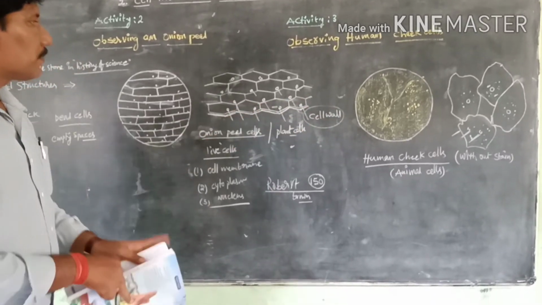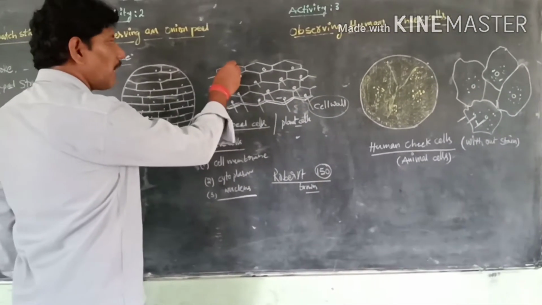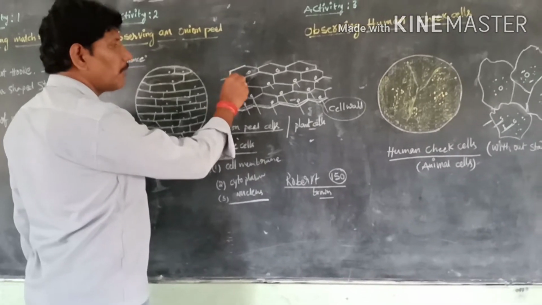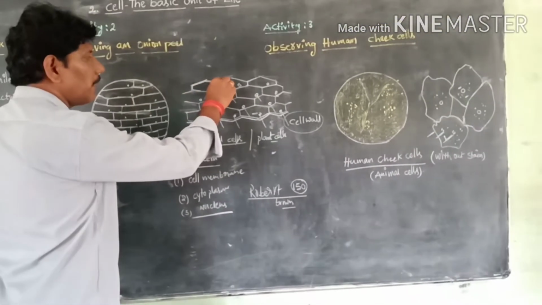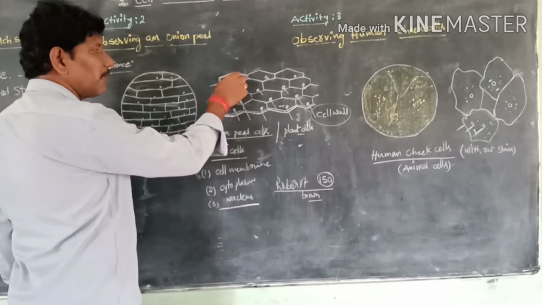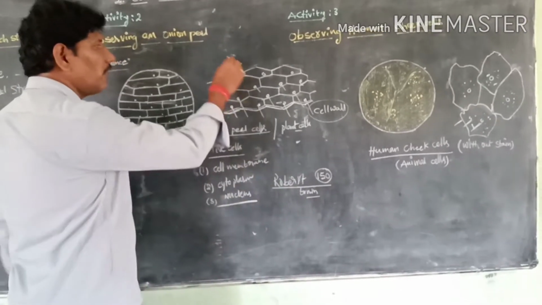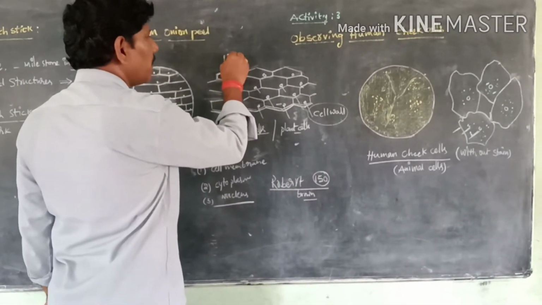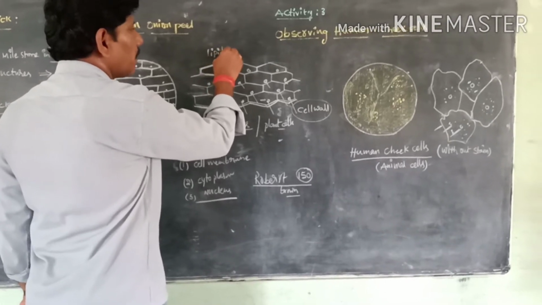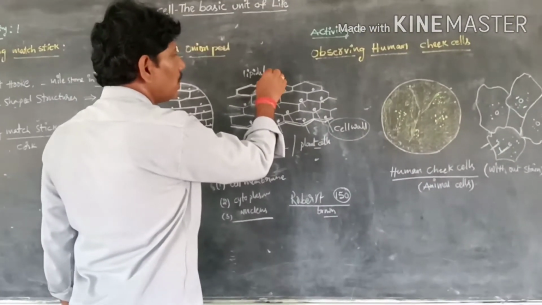So basically the cell membrane or plasma membrane is made up of lipids and proteins.